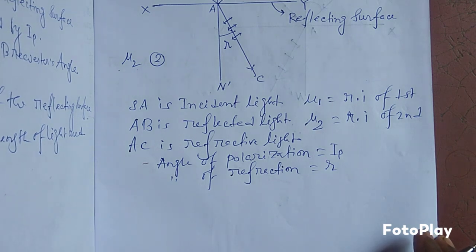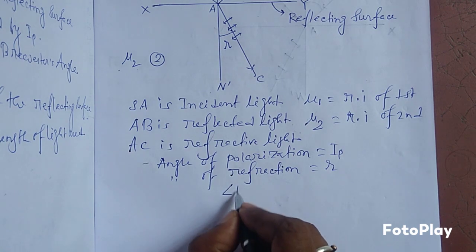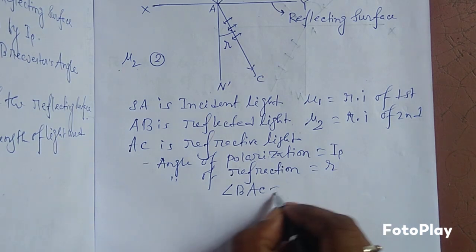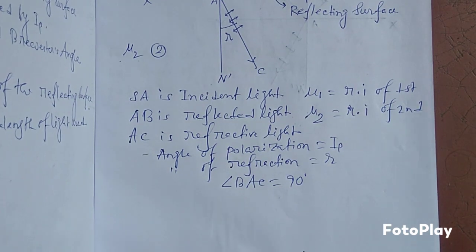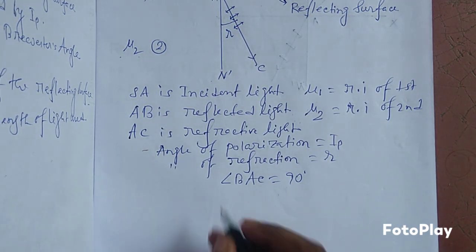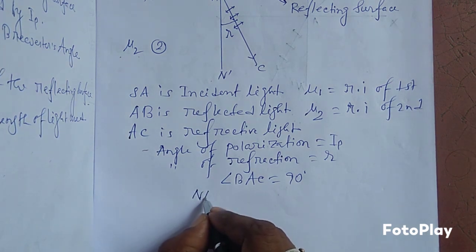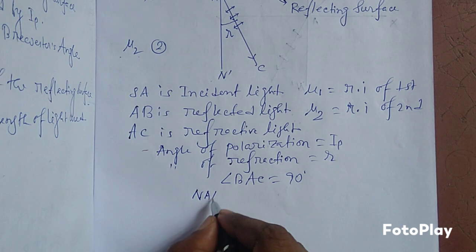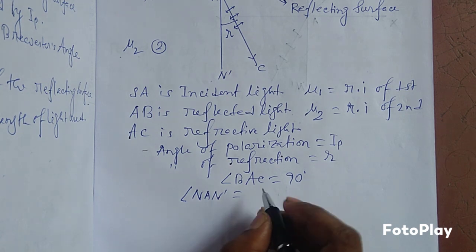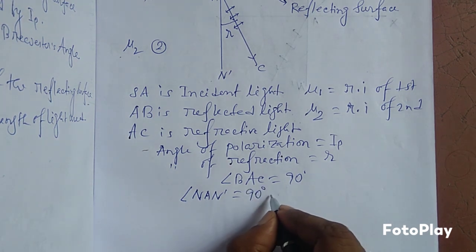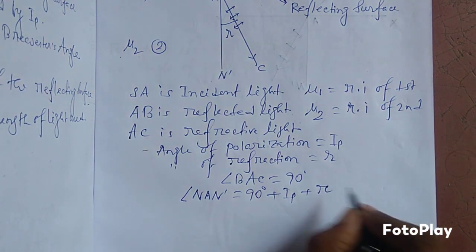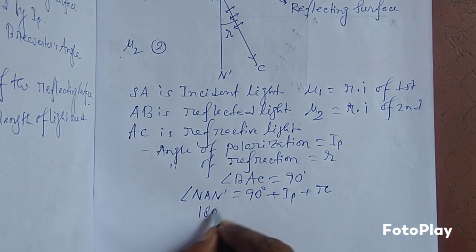From the diagram, we get 90 degree plus IP plus R equal to 180 degree.